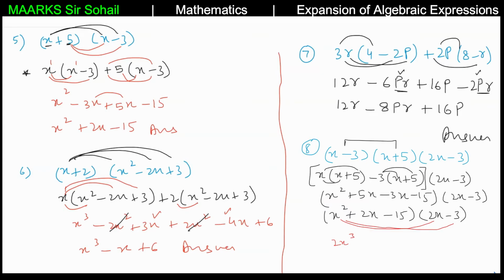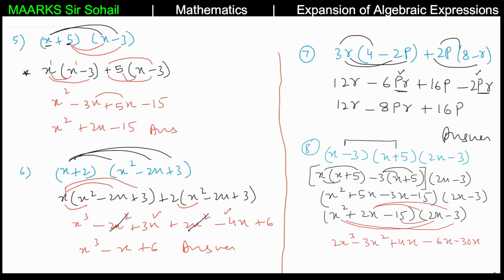So it will become plus minus minus and 3x square. Then we will multiply this 2x with this 2x, so plus 4x, and then this 2x with minus 3, so it will become minus plus minus minus, and 2 3s are 6x. Then we have this 15 left, so minus 15 into 2 gives us minus 30x. Remember, when I multiply 15 with 2, it multiplies, but x will remain as it is because it's a variable.